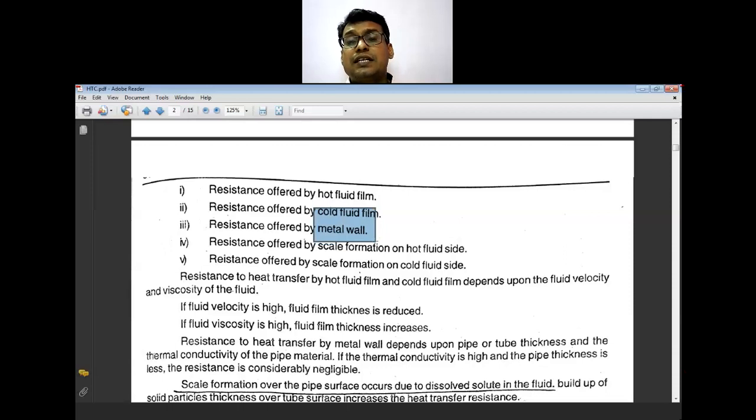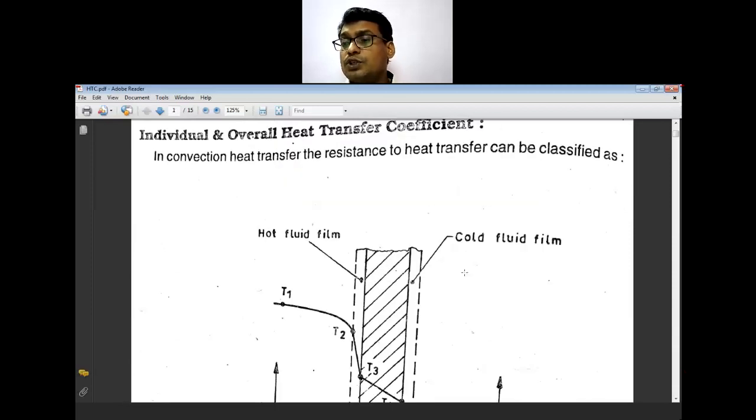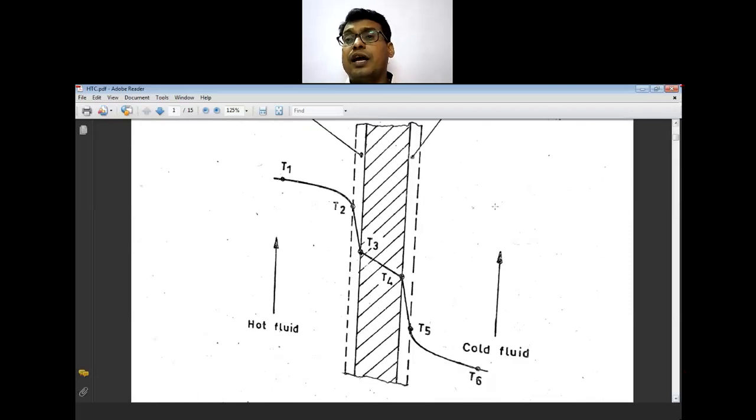Then there is the resistance offered by the scale formation on the hot fluid side and on the cold fluid side. So one can add another resistance, that is the resistance because of the scaling.